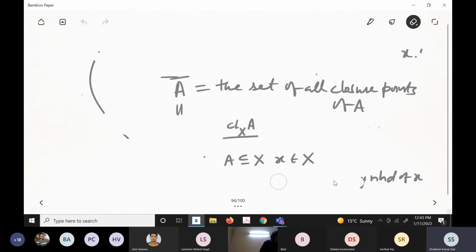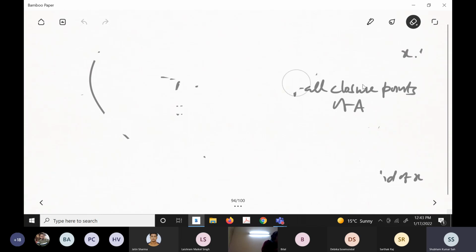This thing I am leaving as an exercise, but I have already explained it, and I can tell you how to prove it.